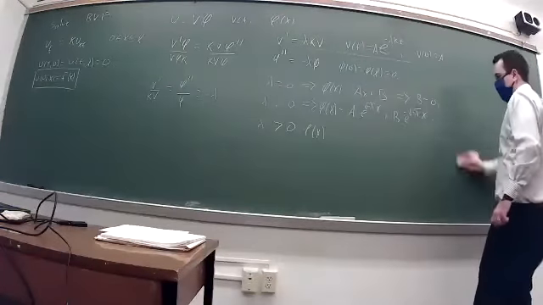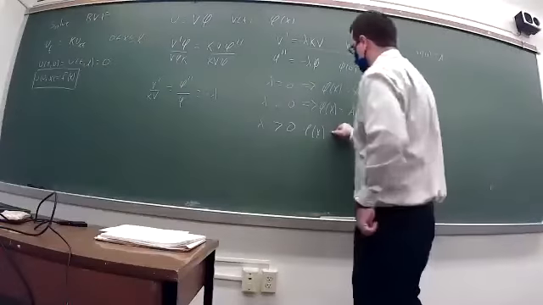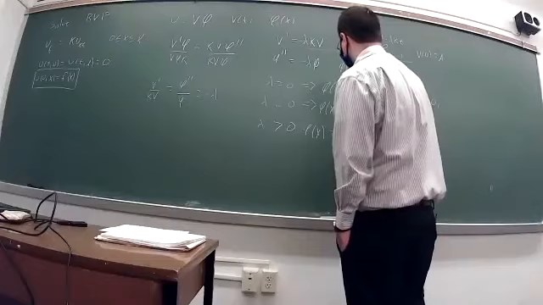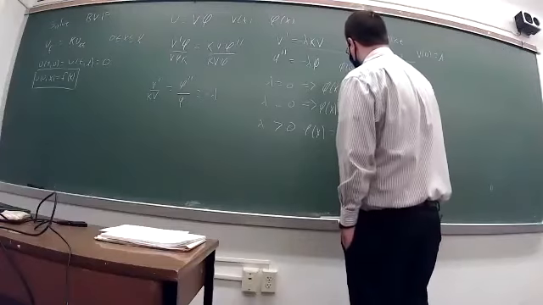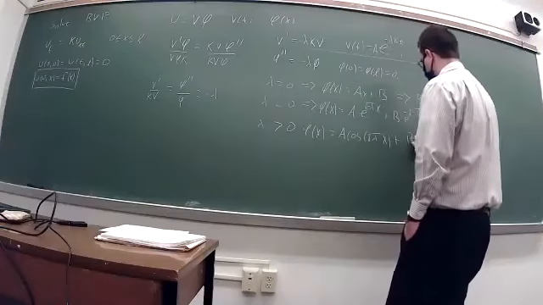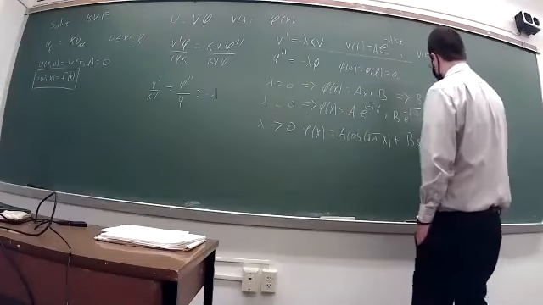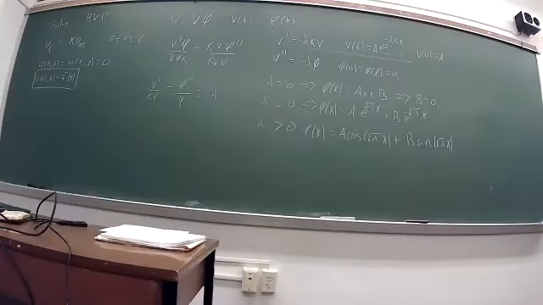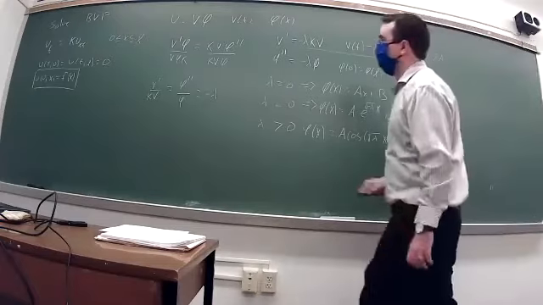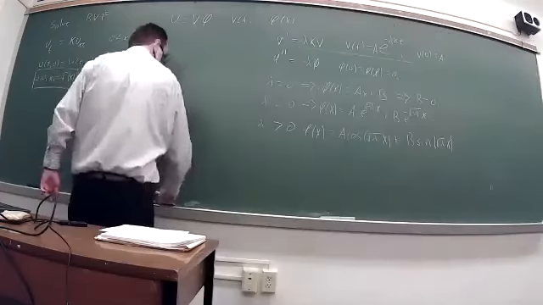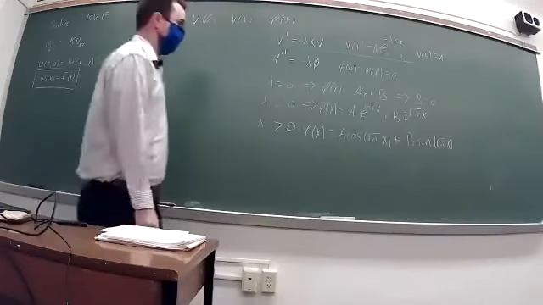these two independent complex solutions, or you could write A times cosine root lambda x plus B times sine root lambda times x. And we had this argument, didn't we, that root lambda had to be a particular thing, right?